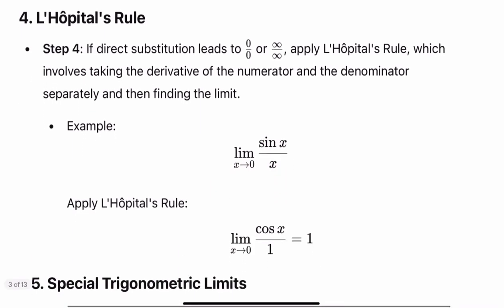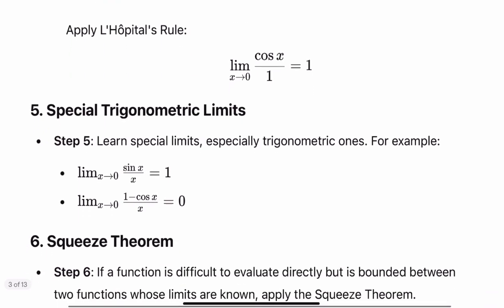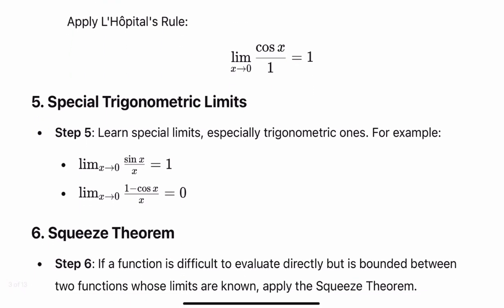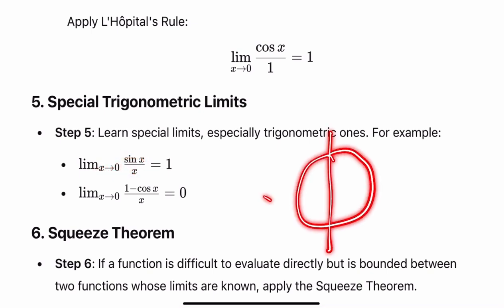There is another method, which is specific trigonometric limits. Look at this limit: the limit of sine x over x when x goes to 0. You know that sine of 0 is 0, and then you will get 0 over 0. It does not make sense.